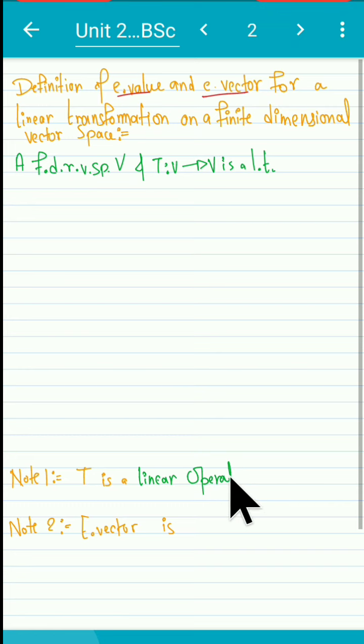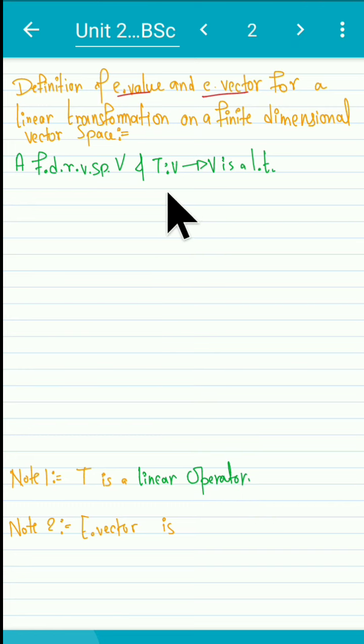Just remember this. It is not possible to have eigenvalues and eigenvectors from V to W. You will see why it is not possible as such. We can define it, but it requires further knowledge. For now, our T is always a linear operator, from V to V, and my vector space V is a finite dimensional real vector space.